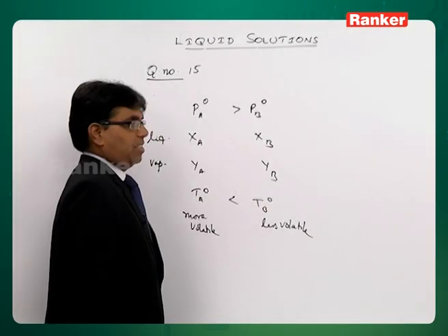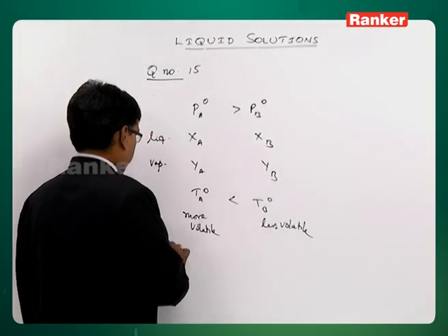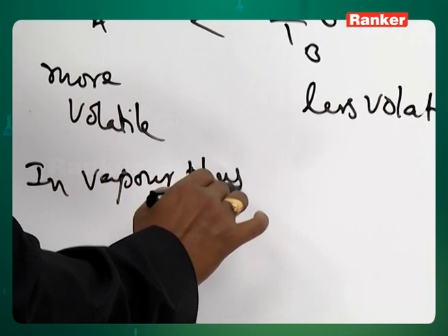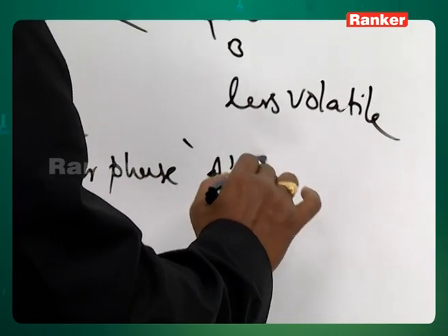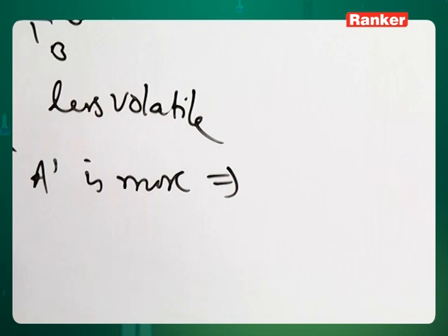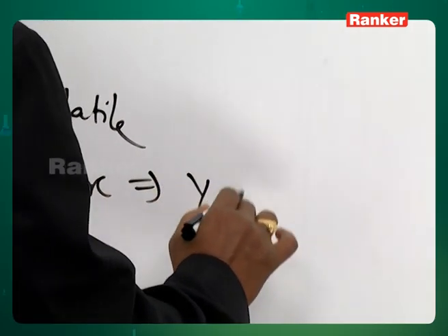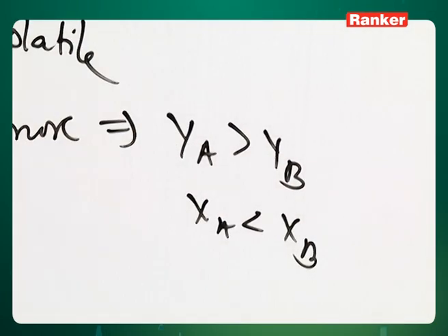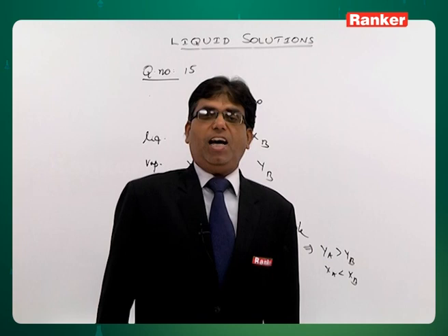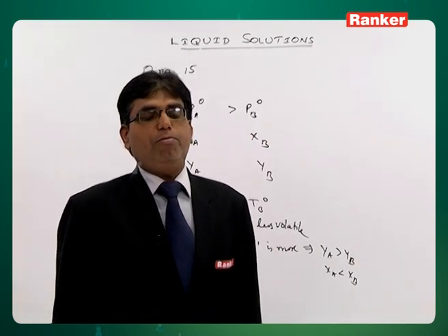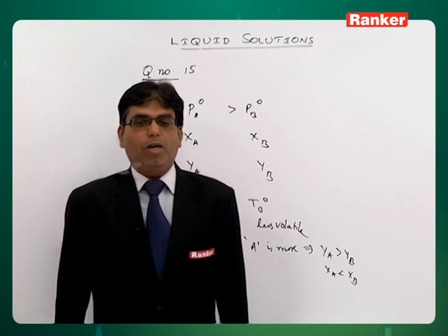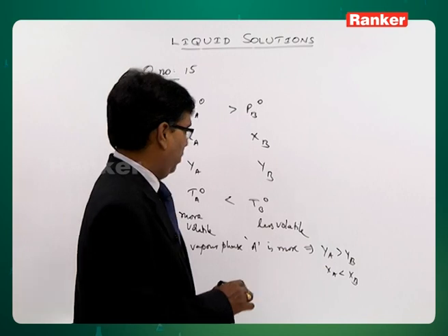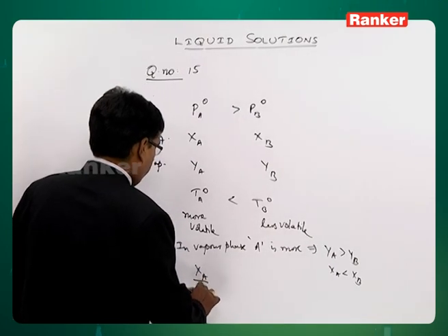Right. So, as a result, what? In vapor phase, therefore, at any instant, A is more, which implies YA is greater than YB and XA is less than XB in the liquid phase. During fractional distillation, your vapor will have more of A and liquid will have more of B. As a result, what you will get is XA by XB.